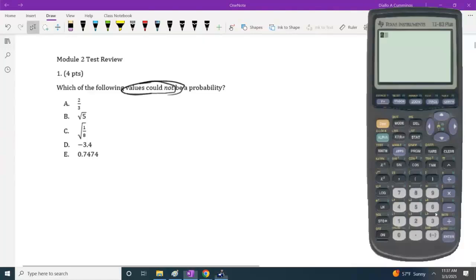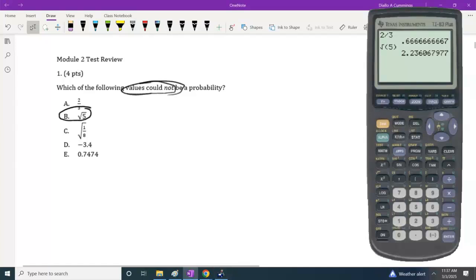If I look at A, 2/3, if I were to decimalize that, that can be a probability. If I were to decimalize the square root of 5, this is 2.3, and this is what? That could not be a probability.